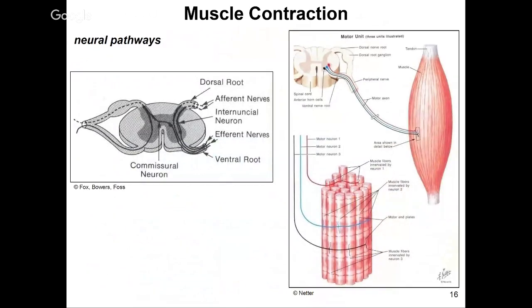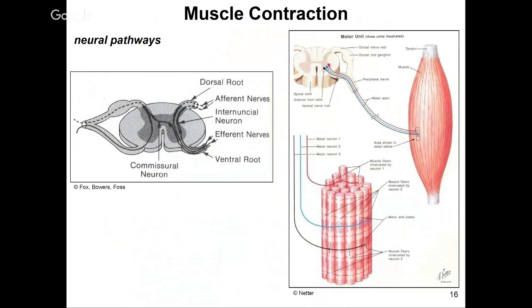When that signal travels from your brain down to the muscle, it travels through the spinal cord. So this grayscale figure that you see on the left is a cross section of somewhere in your spine. And you have efferent nerves and afferent nerves.